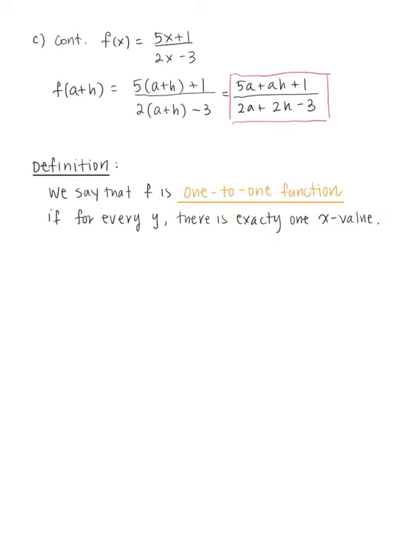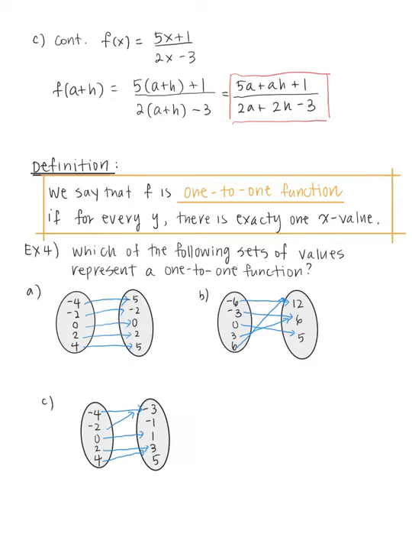We say that f is a one-to-one function if for every y there is exactly one x value. Now, please do not get confused with f being a function. F being a function was the other way around, right? For every x, there is exactly one y value. But one-to-one, you kind of have to swap the role of x and y.